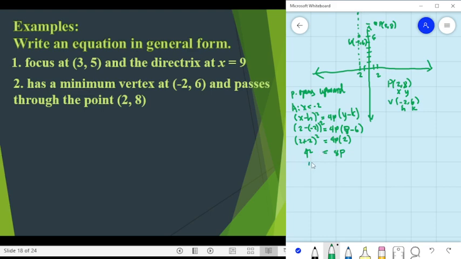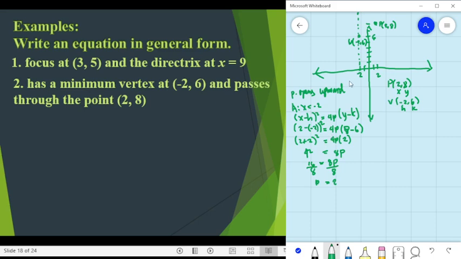So 16 is equal to 8p. Divide both sides by 8 to solve for p. So your p here is 2.